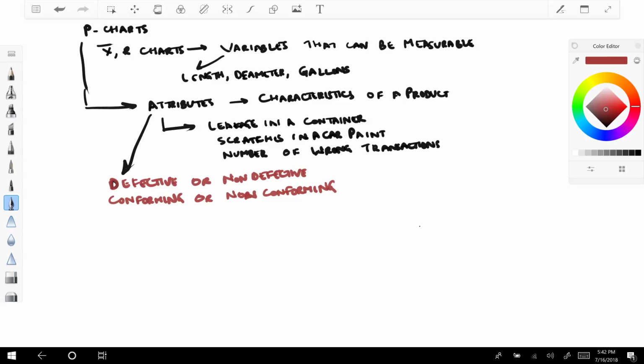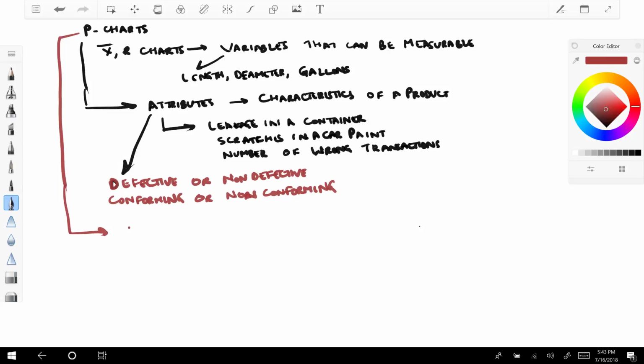So again, P charts are used to control the process. We need the upper control limit and lower control limit for P charts.